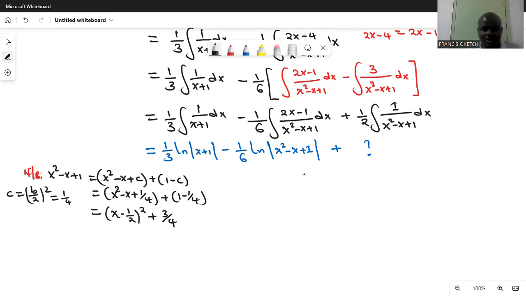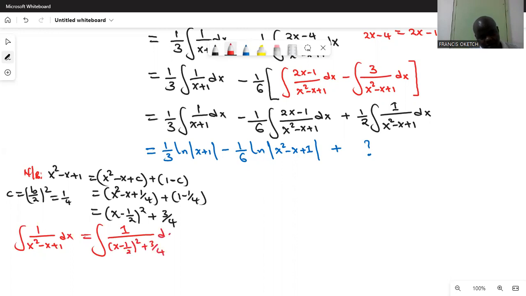So now this integral of 1 over x squared minus x plus 1 dx is the same as writing the integral of 1 over x minus 1 over 2 squared plus 3 over 4 dx.